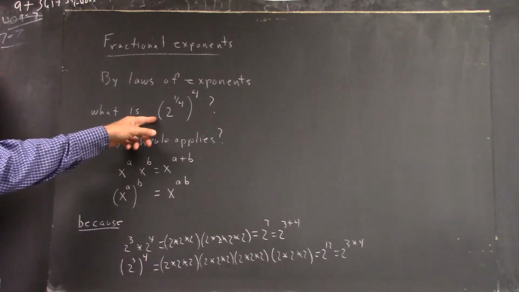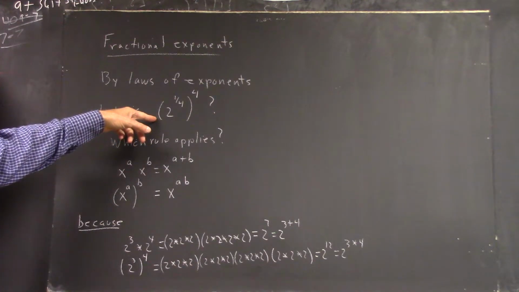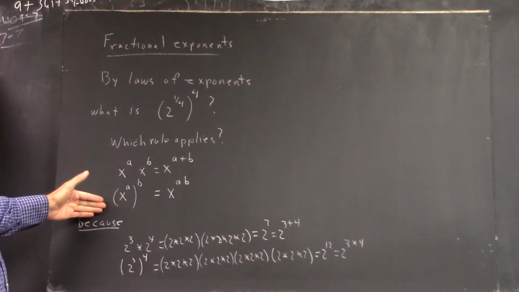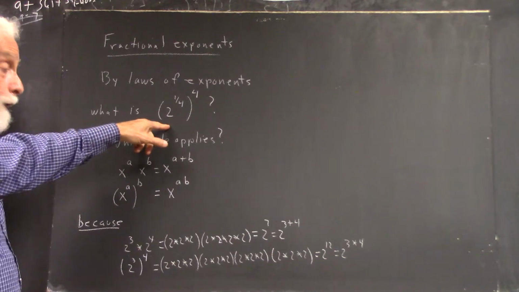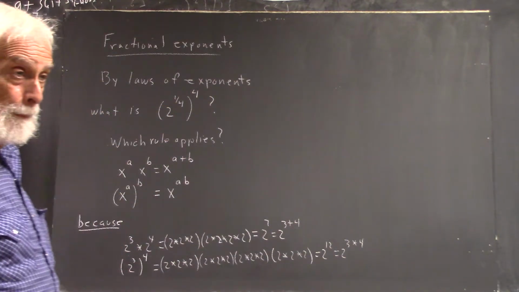So which rule is going to apply to this? Is it this rule or this rule? Second one. This one. Instead of x, of course, you got 2. Instead of a, you got 1/4. Instead of b, you've got 4, right?